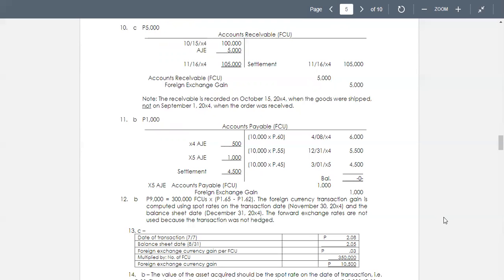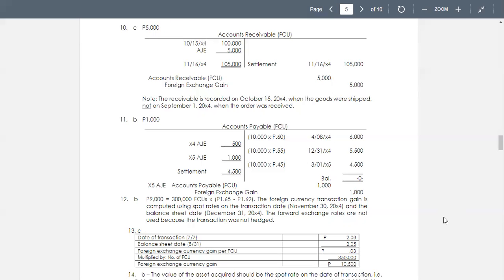So we have the August 31 year end and the September 7. In number 13, the date of transaction is July 7. So we have 2.08.